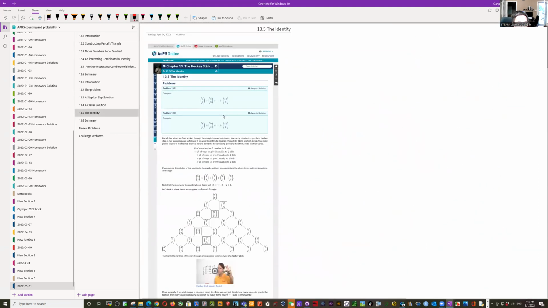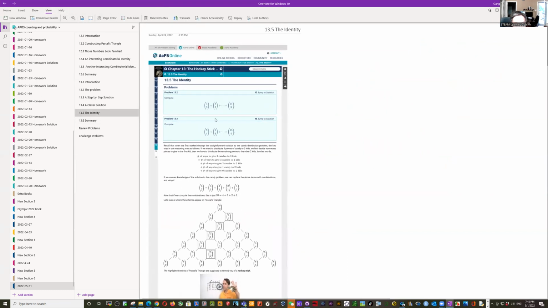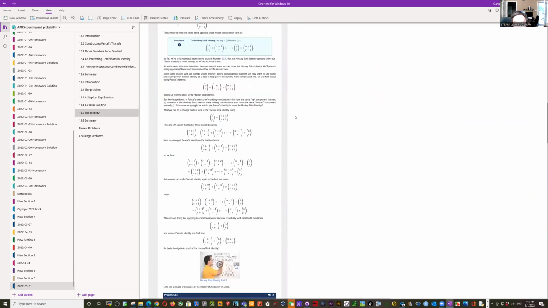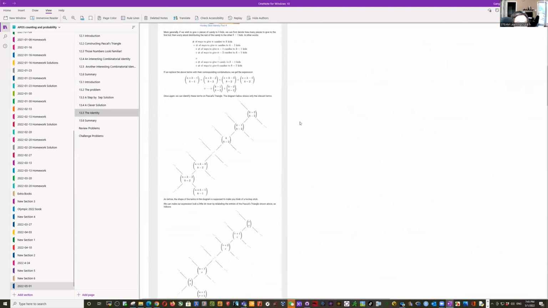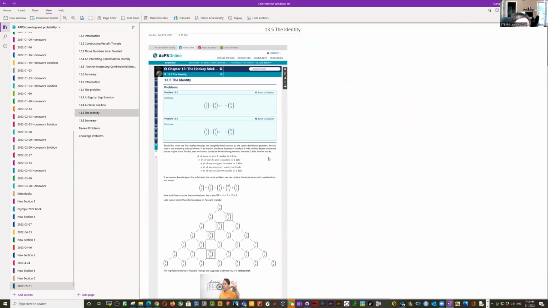So the book actually has a lot of things.